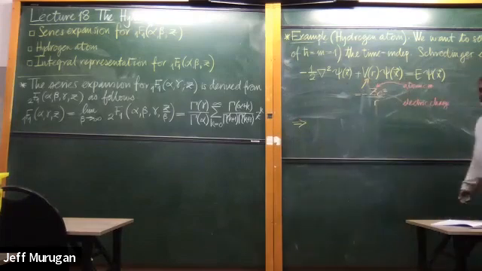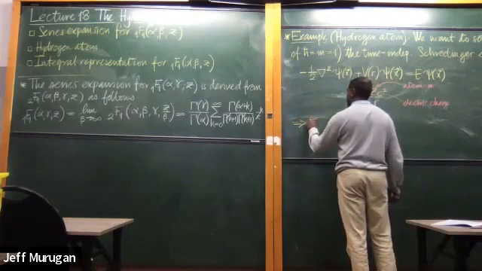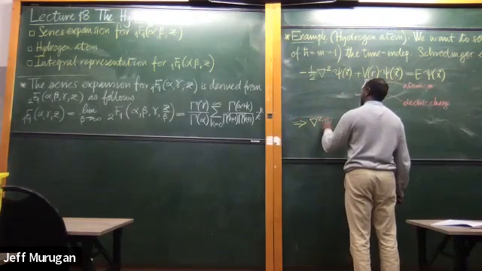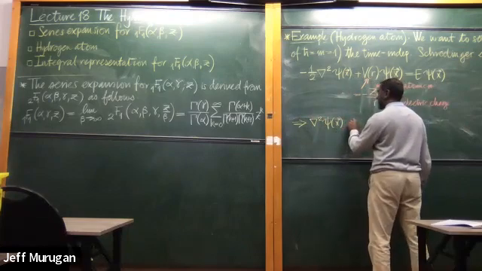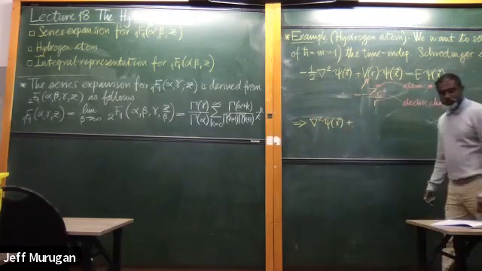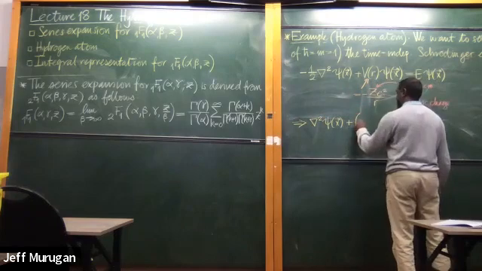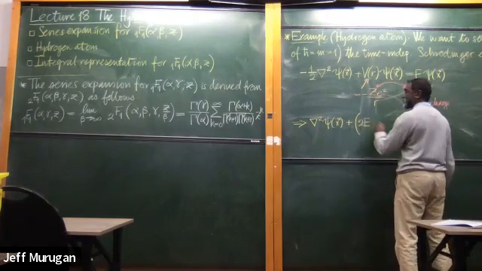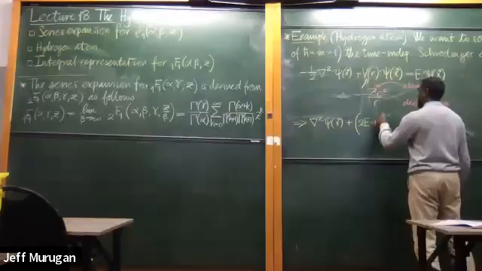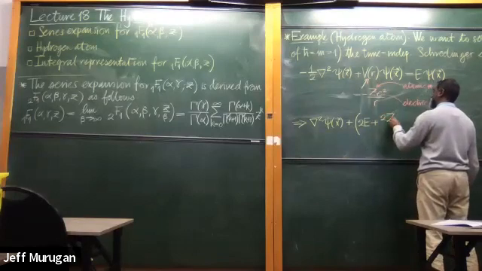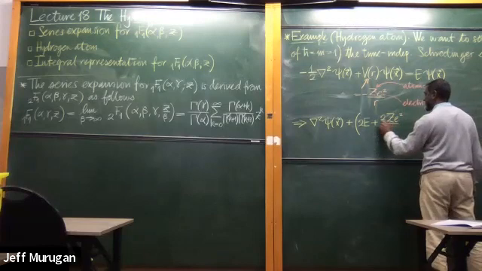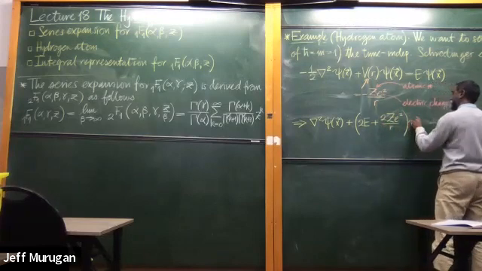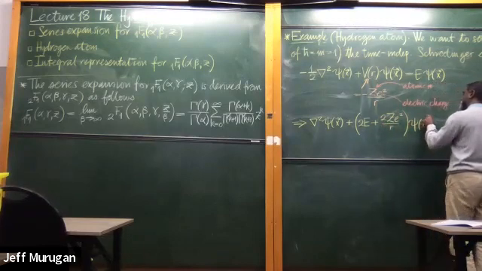So reorganizing this equation allows us to put it into the following form: the Laplacian acting on psi of x plus some effective potential, which is 2e plus 2Z e squared over r, times psi of x.